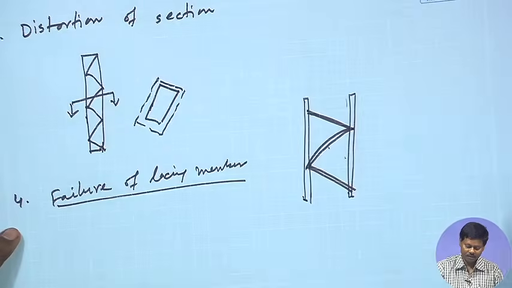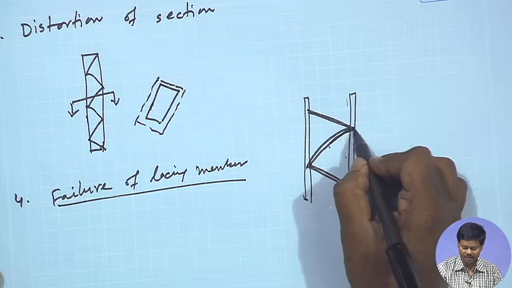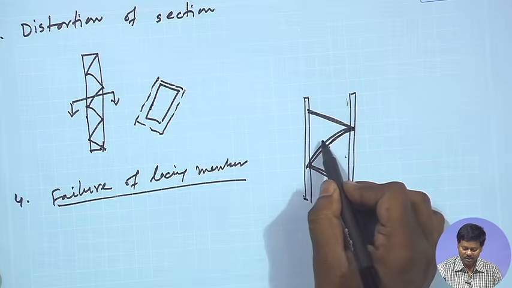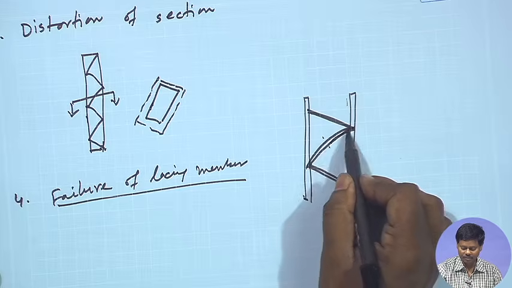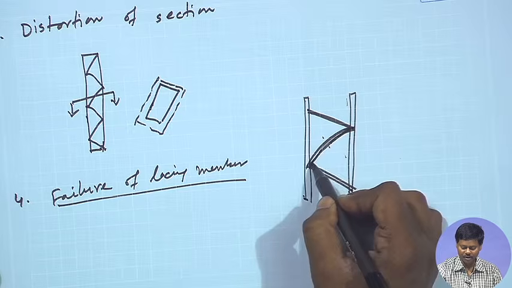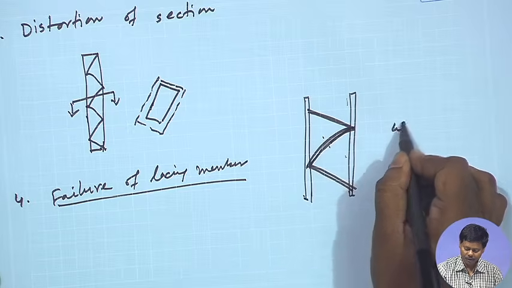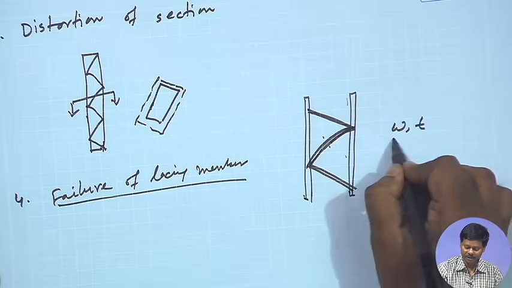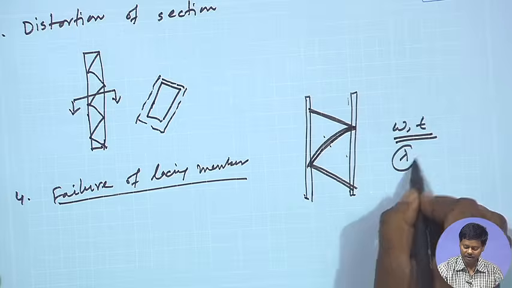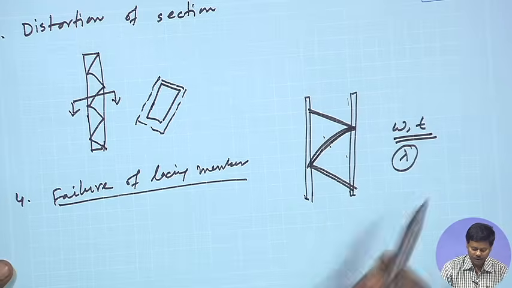Another thing is, when the failure of lacing member happens, the lacing cross section is not sufficient to take the load, that is why it is buckling. Therefore, what should be the width and the thickness of the lacing member has to be decided, from which the slenderness ratio has to be calculated. So, that also we need to take care.